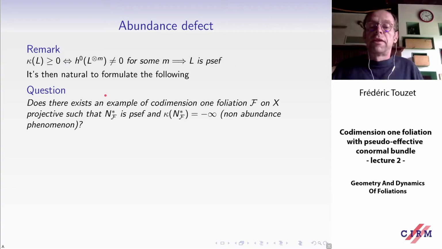That would mean in this setting a foliation with pseudo-effective conormal, but such that the conormal has minus infinity as Kodaira dimension, which means that there does not exist any positive power of the conormal admitting a section. So this typically manifests what is called the non-abundance phenomenon.